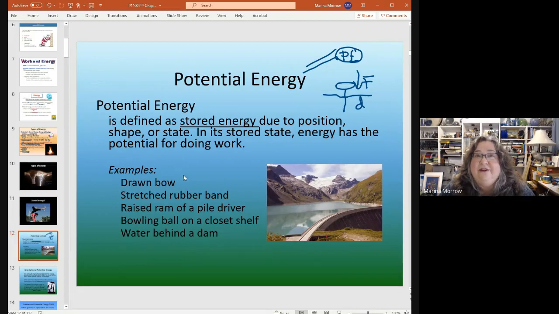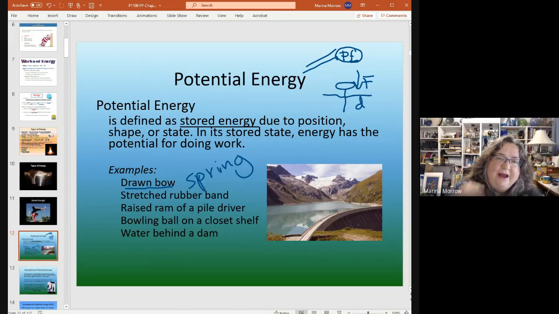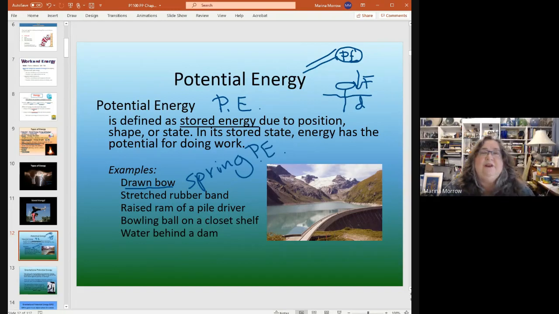So anyway, you can imagine a drawn bow, of course. Same thing, you're storing the energy in the bow. Now that stretchiness, we sometimes call spring potential energy. And we often call potential energy PE, because it's hard to write potential energy all the time. So spring potential energy is when you have something that's bent and has tension in it.